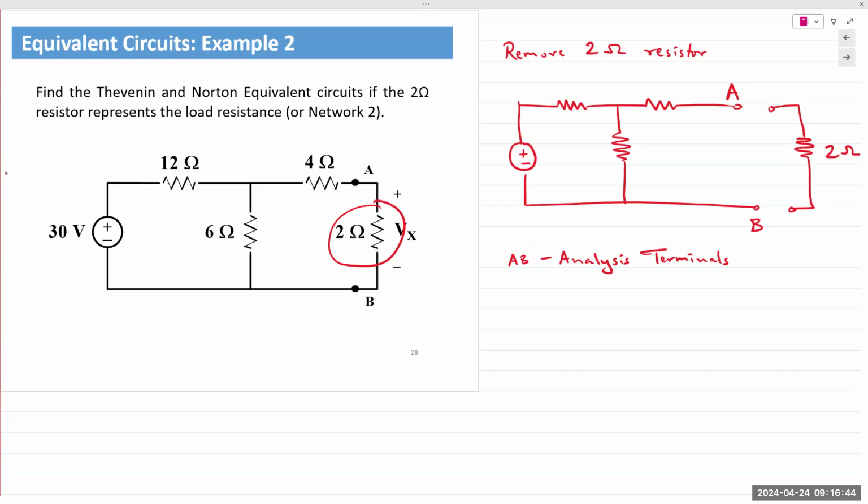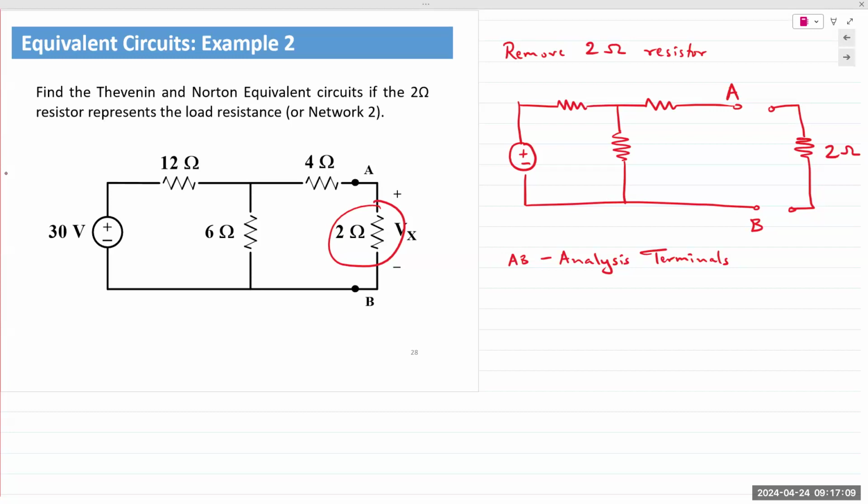What do we do? Take it one step at a time. The first step is to determine Thevenin resistance. We reduce all the independent sources to 0. Reducing the source to 0 means you replace all the sources with either a short circuit wire or an open circuit. Voltage sources are short circuit.